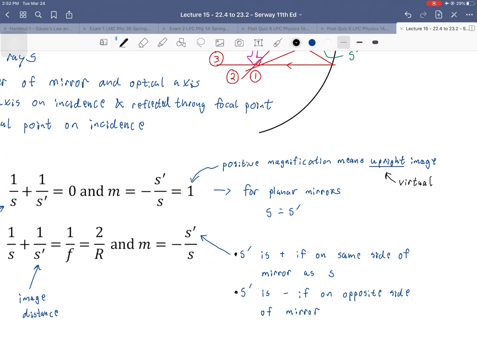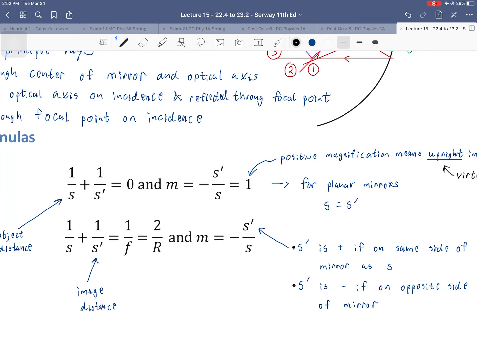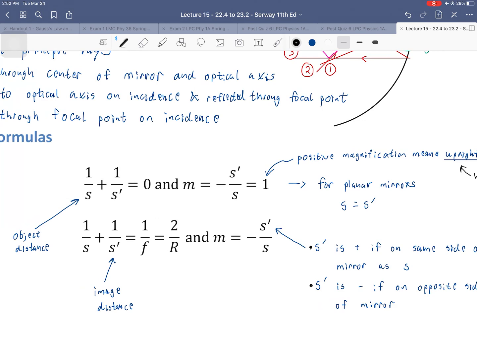Okay? All right. So let's think about this then. So we just have a couple of last things to label. So we gave the convention about S prime and when it's positive, when it's negative, and what positive magnification and negative magnification mean as well. Okay.